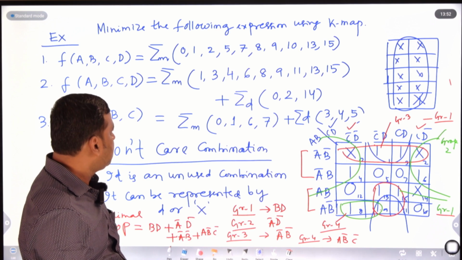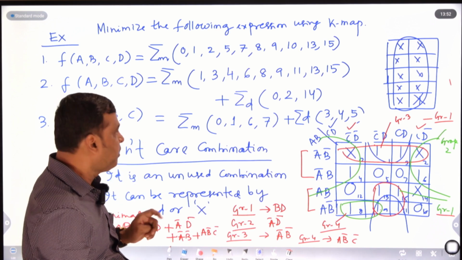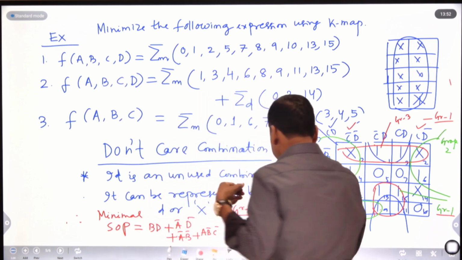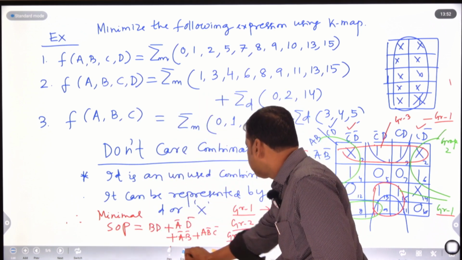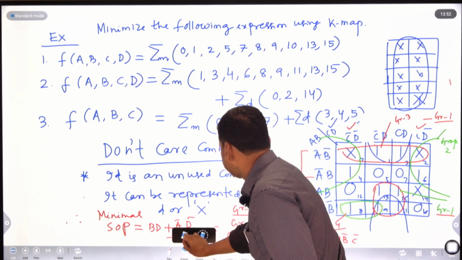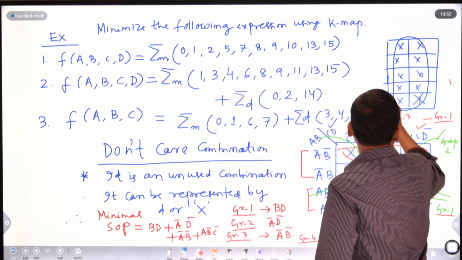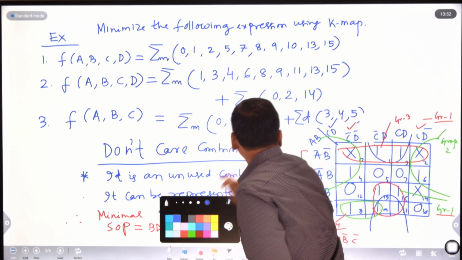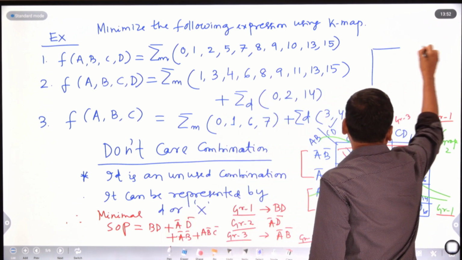Okay. So next is your question number 3, a 3 variable K-map. So construct a 3 variable K-map in question number 3.